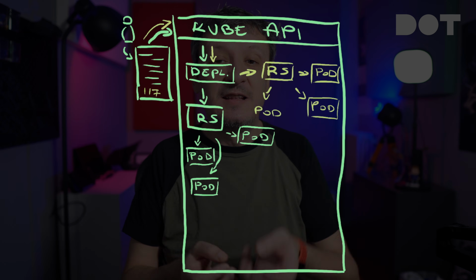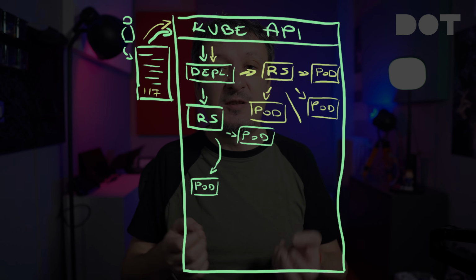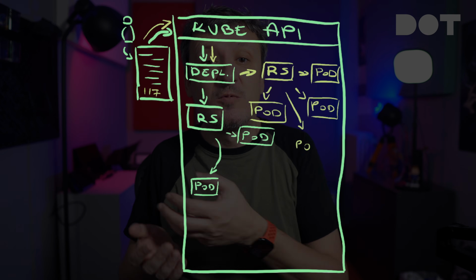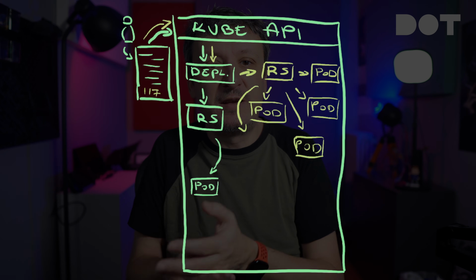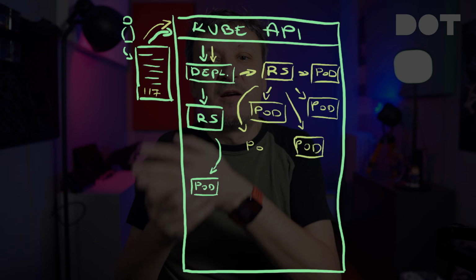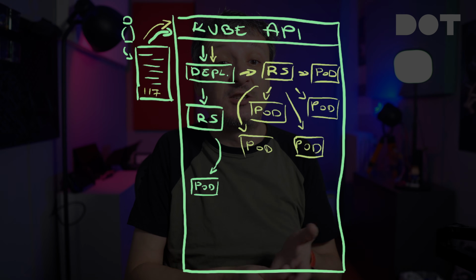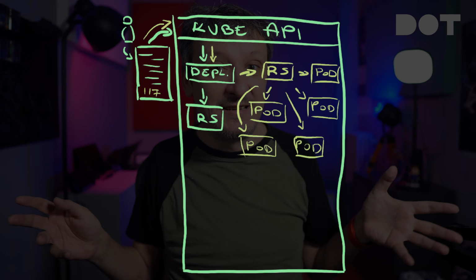As a result, the old replica set started removing pods while the new one was creating them. Eventually, all pods ended up being managed by the new replica set, while the old one ended up managing nothing, nada. The new version of the application was released safely and without downtime.